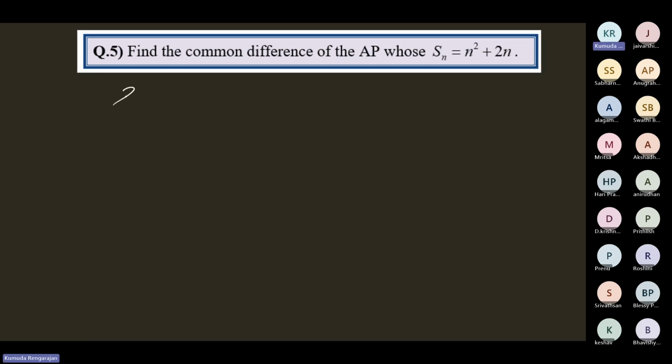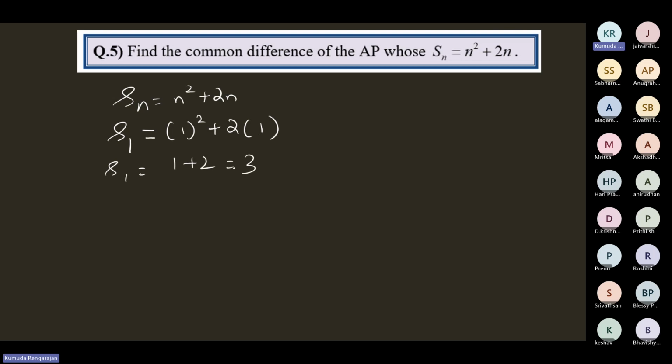So see, Sn is equal to n squared plus 2n. The sum to n terms is given by this expression n squared plus 2n. Now let's take n as 1. So what is S1? S1 is equal to 1 squared plus 2 into 1, so S1 is equal to 1 plus 2, which is 3.